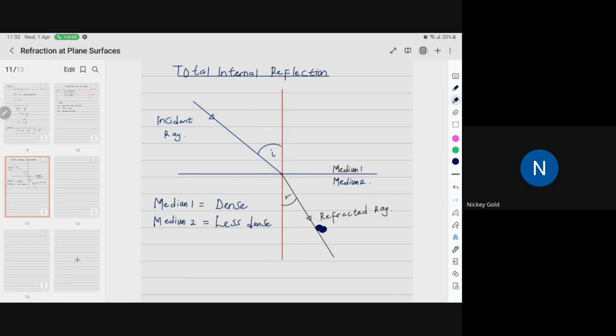Beyond that very angle, the ray is now reflected backwards. Instead of bending away, it is reflected. That's what we now call the critical angle. The critical angle is the angle beyond which you now have total reflection. Do you get the point now?